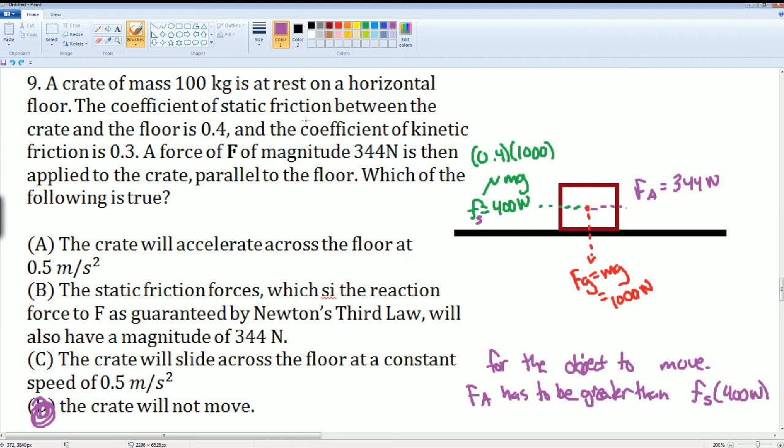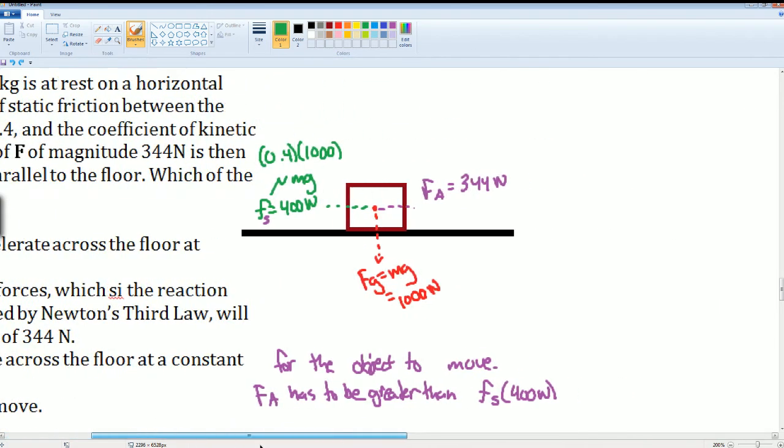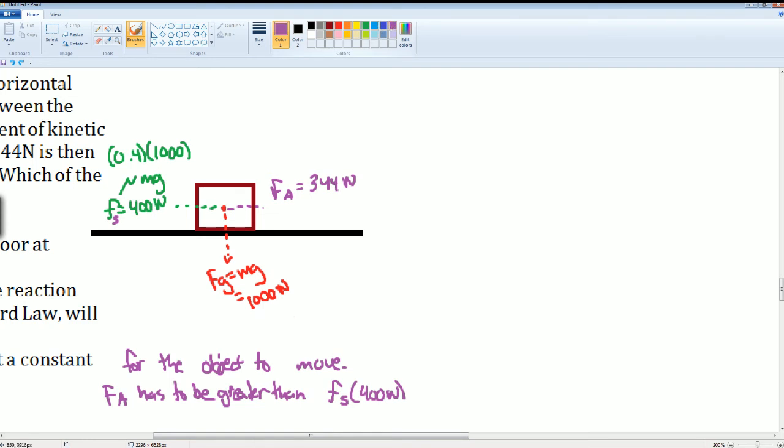What would be the mass for it to move? Listen very carefully. Let's look at the math. Right now there is a force applied of 344, and we need a box here. We want it so that 344 is greater than this number, so this number has to be slightly under 344.